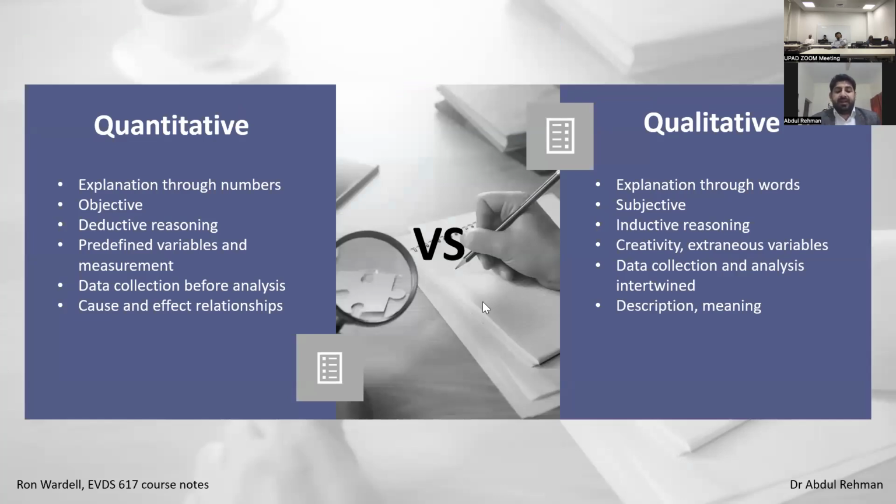What is the difference between deductive and inductive reasoning? In deductive reasoning, we have a hypothesis, we deduce from that, and we go top down. On the other side, in inductive reasoning, we have data, we have observations, we have in-depth field interviews, and by developing the interpretation of that data, we go bottom up.